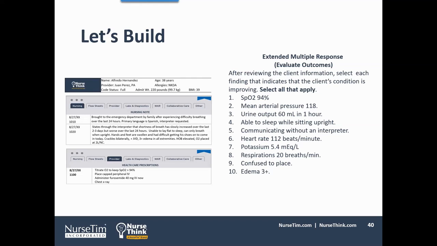Okay, this is an extended multiple response, and know that this one is select all that apply. So at least 2 answers or more out of these 10 are going to be correct. And my student will go through and select any or all correct answers.